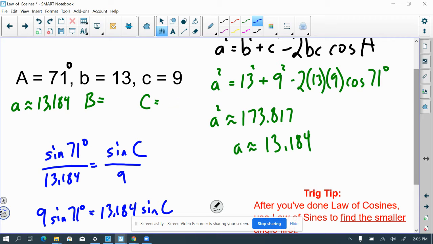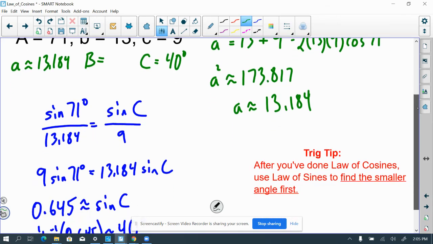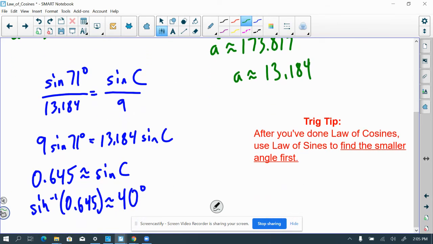The reason why you want to do that is because it avoids the ambiguous case. If you look at the unit circle, here's 40 degrees. It has this particular sine value of 0.645. That's the y value.